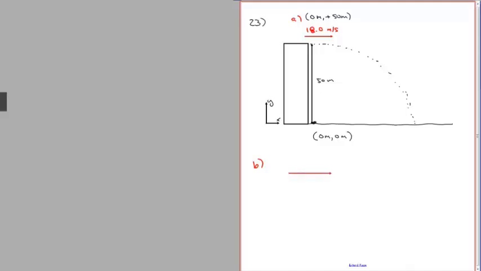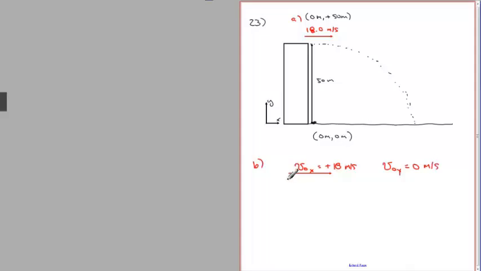So what we can say is V0, because it's the initial component, sub x, V0x is equal to positive 18 meters per second. And because it's horizontal, V0y is equal to 0 meters per second.